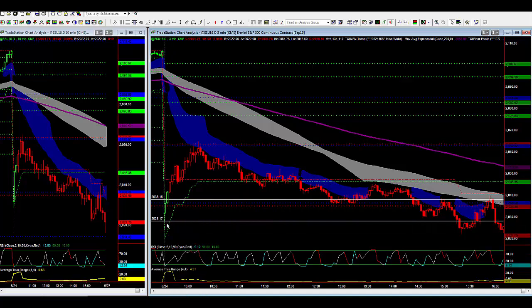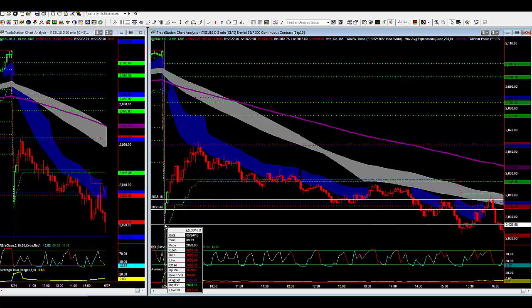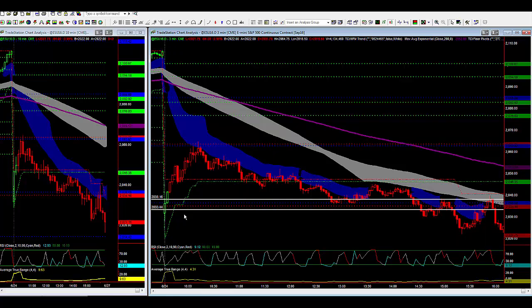Now you might say, well, God, that's a huge risk if you were risking below the low of that bar. No, I wasn't. My risk was 2 ticks below the mid-range of the bar, the 50% of that bar. Okay, that's it. So again, I was going long at 38.75 with my stop.